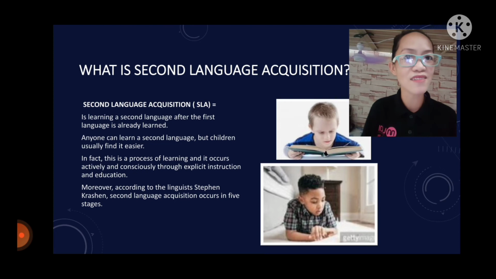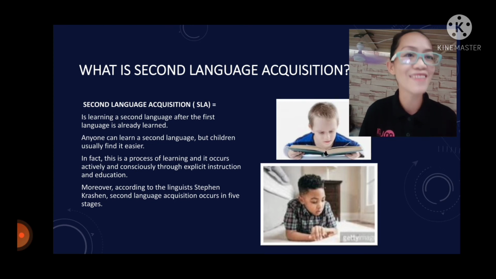So the second language acquisition, or SLA, is learning a language after you learn the first language. So there is no limitation because anyone can learn a second language. Any language you want to learn, you can.